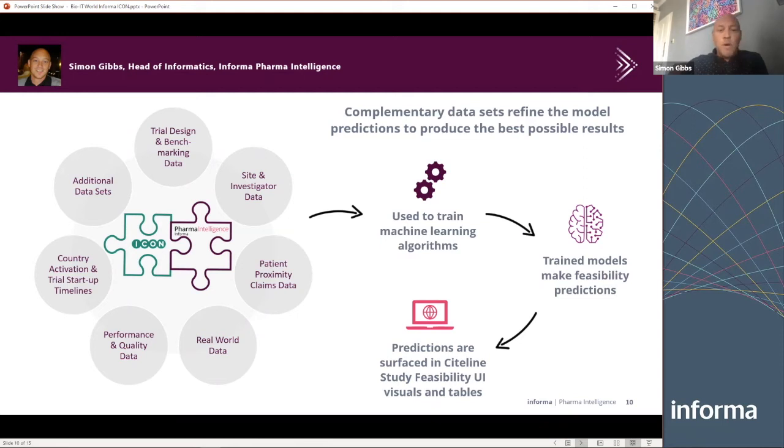And users can very quickly model different scenarios within the interface and dynamically see what the impact is of those feature changes as they iterate through different types of scenarios with the different outputs that are being generated. From those outputs, the ICON team can then use the data-driven analytics to inform and determine the best approach for executing their study.